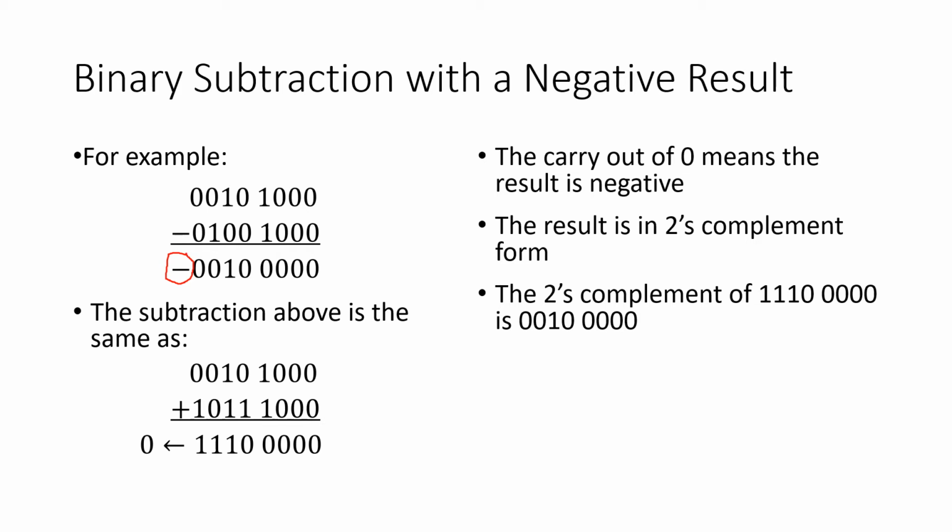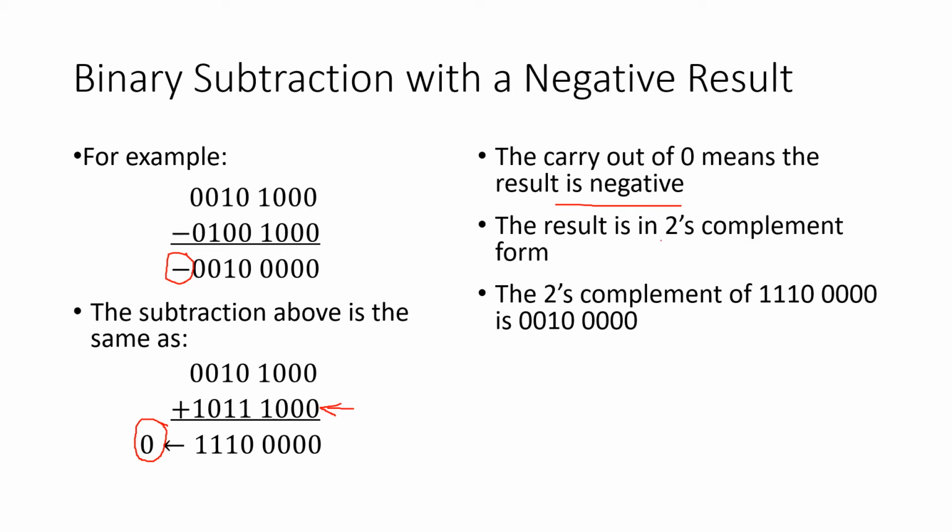But this subtraction above is accomplished through 2's complement arithmetic by adding the 2's complement of the subtrahend to the minuend, giving us a result of 1110 0000. And note that the carry out of the 8-bit group is a 0. This carry out of 0 tells us that the result is negative.